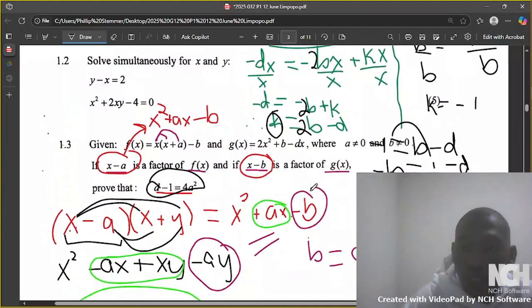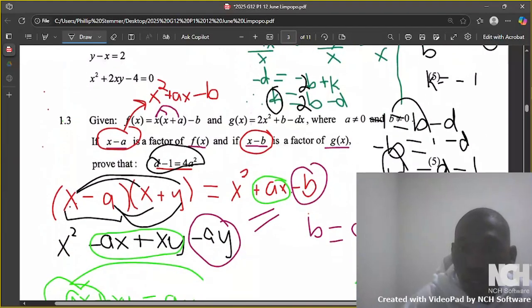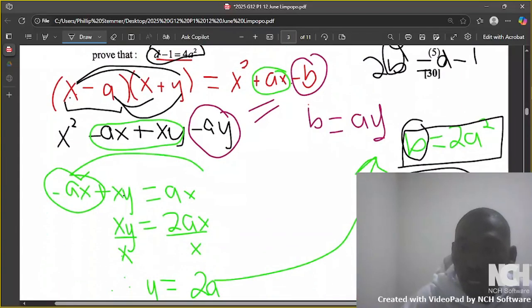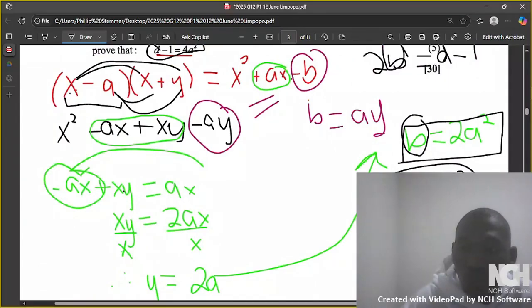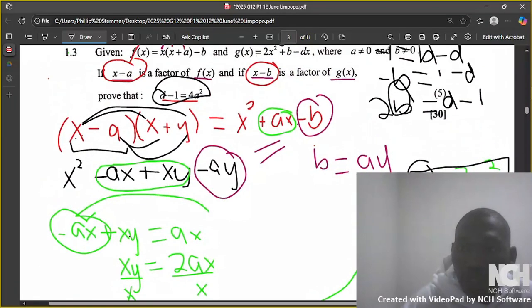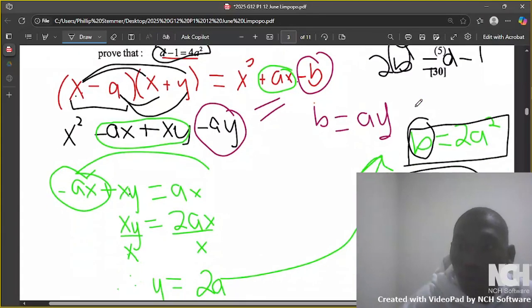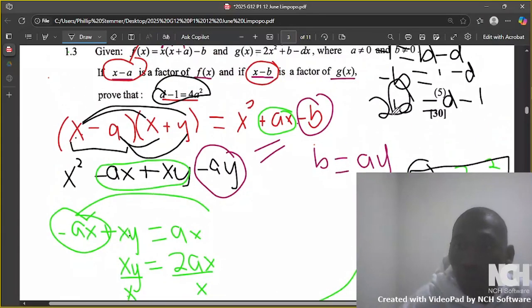Which means 2bx. 2bx. Negative 2ax. And then remember it's over 2bx.